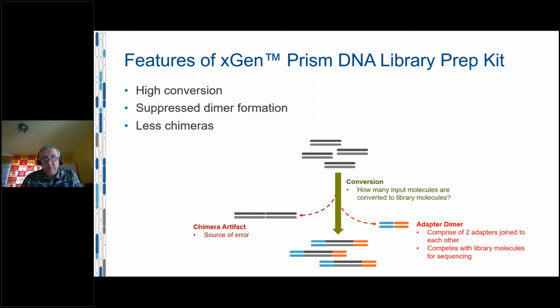These are library fragments that ligate to each other, and by such create an artifact, because those ligated fragments in the original samples were not next to each other. Adapter dimers can also be formed. These are adapters that ligate to each other, and those will compete for library molecules on the sequencing. And the conversion rate is actually the fraction of the input molecules that end up in the final library.